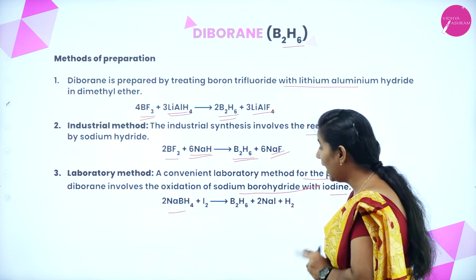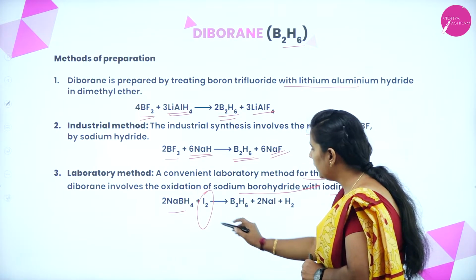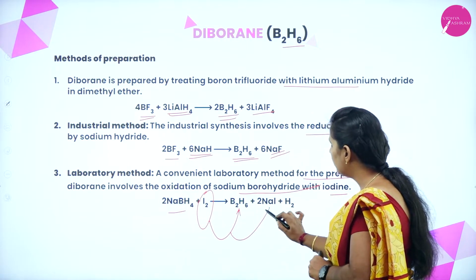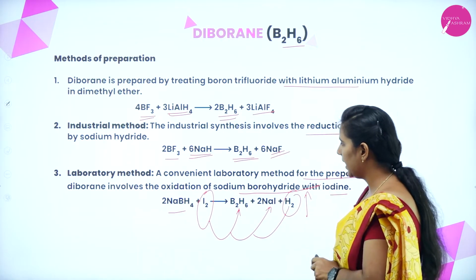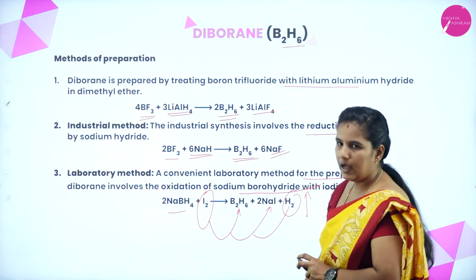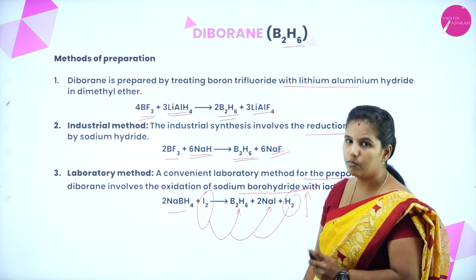Sodium borohydride, if you do the oxidation with iodine, forms what? Diborane with the formation of sodium iodide and the liberation of hydrogen gas. So these are the 3 methods for the preparation of diborane, which is a compound of boron.